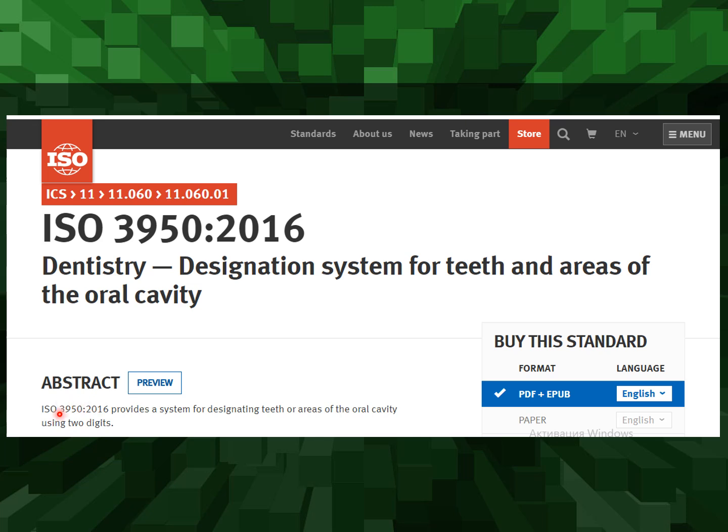And this system, ISO 3950:2016, provides a system for designating teeth or areas of the oral cavity using 2 digits.